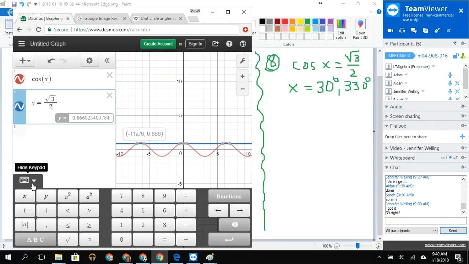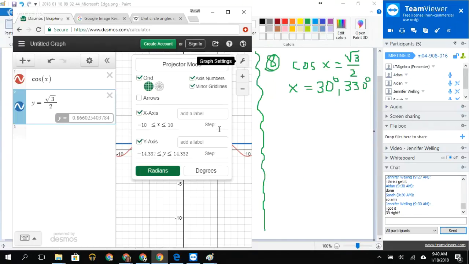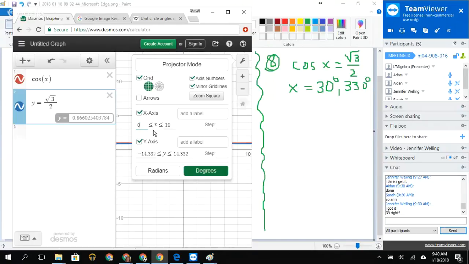And I have to also remember that Desmos is automatically in radians, and I'm working in degrees. If you're on a calculator, you're starting in degrees, and you have to remember to turn it the other way, right? So that means that my x-axis right now is in radians. So I want to go from 0 to like 360 degrees because that's what my range is going to be.